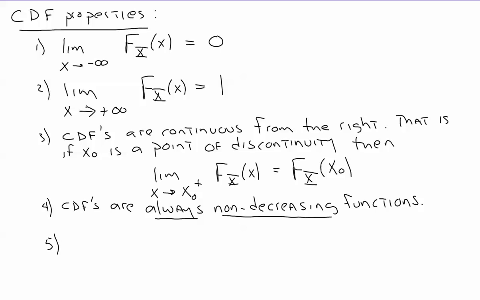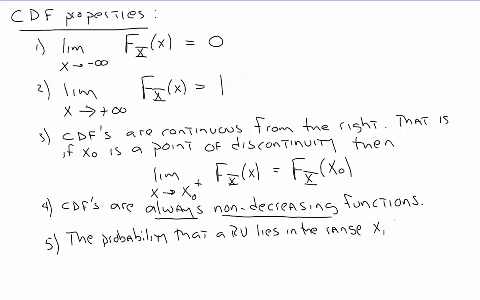The fifth property is that the probability that a random variable lies in the range x1 less than capital X less than or equal to x2 is evaluated this way.